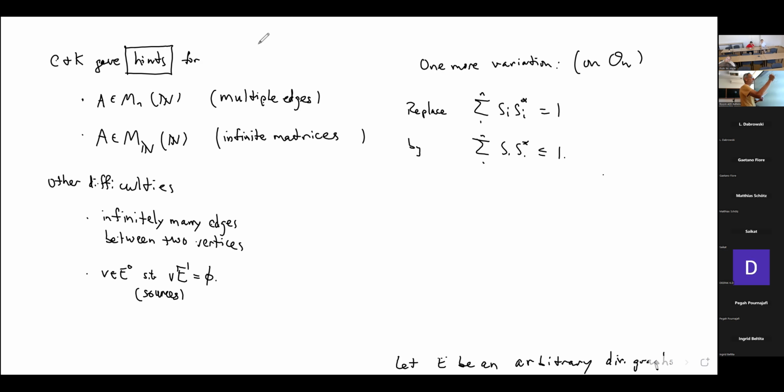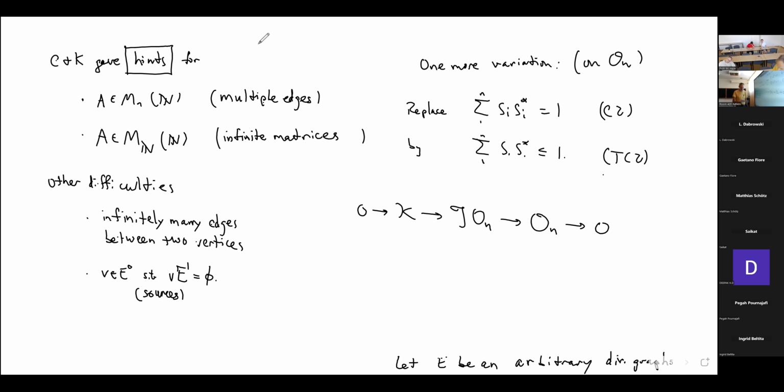This is maybe the second Cuntz relation, the topological version of that. It says that the ranges of the isometries are still pairwise orthogonal, but their span is not the whole of the Hilbert space. And then we have an exact sequence: the compact operators are an ideal, then we have the C-star algebra T O_N, and then O_N is the quotient.